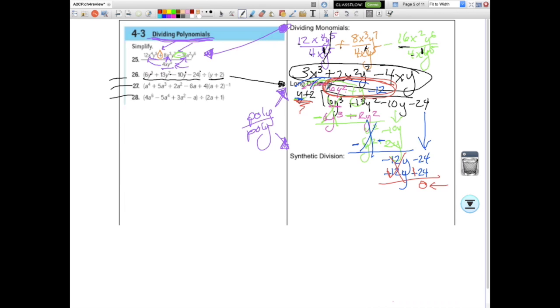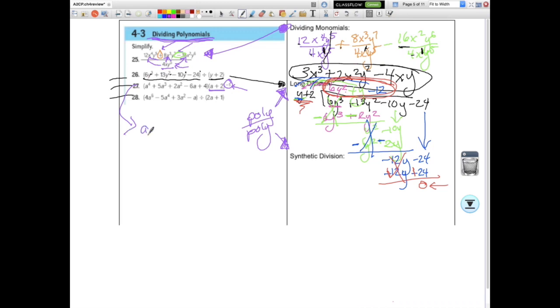Now, in synthetic division, it's a little bit of what I was calling magic math, because it's a really cool algorithm and pattern that works, even though it doesn't seem like it makes much sense. So let's look at 27 over here. I want to remind you folks that a negative power means you change its location, and that negative power is attached just to this parentheses.